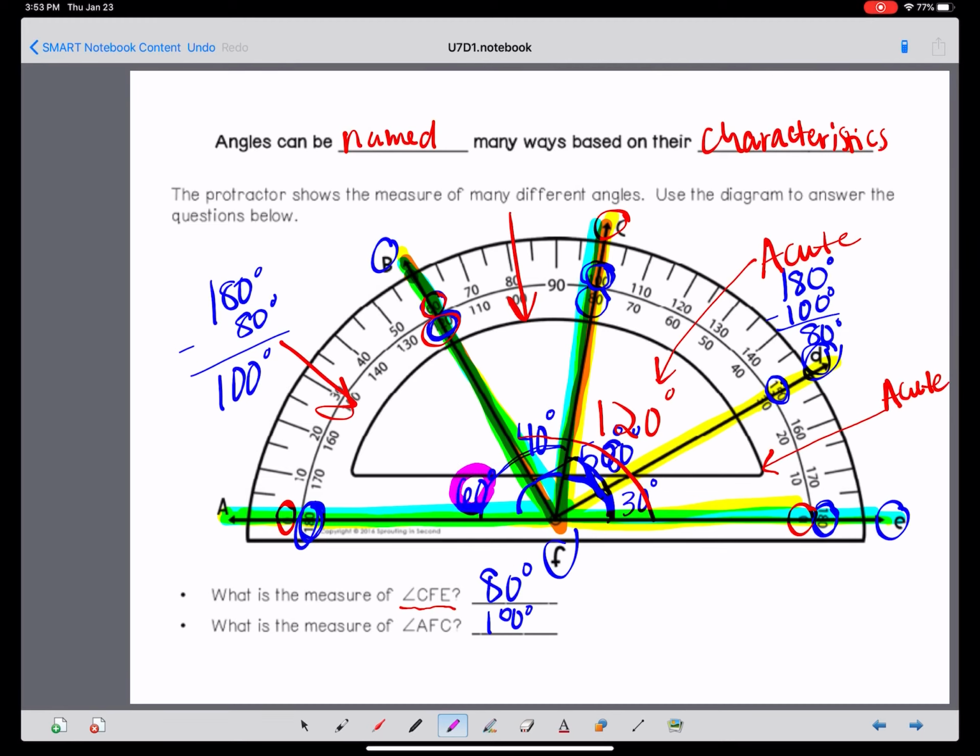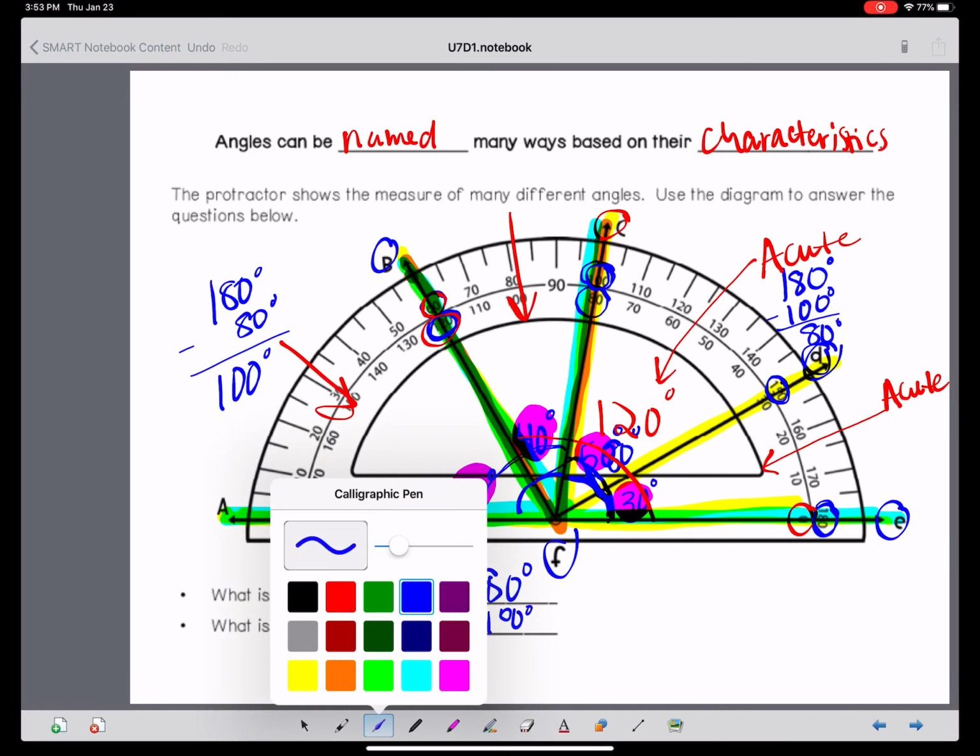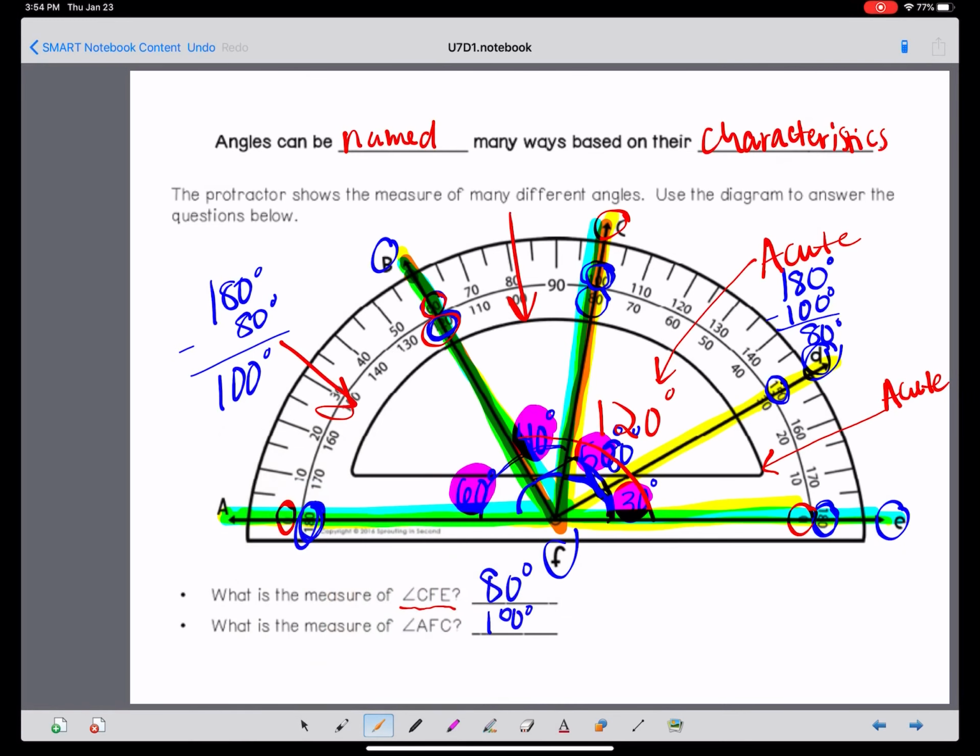Notice here, this angle was 60 degrees. This angle was 40 degrees. This angle was 50 degrees, and this angle was 30 degrees. I just need two angles that when I add them together, they equal 90. And it looks like, we'll use orange, if I take this angle of 60 and this angle of 30 and I add them together, that equals 90 degrees, which is a complementary angle.